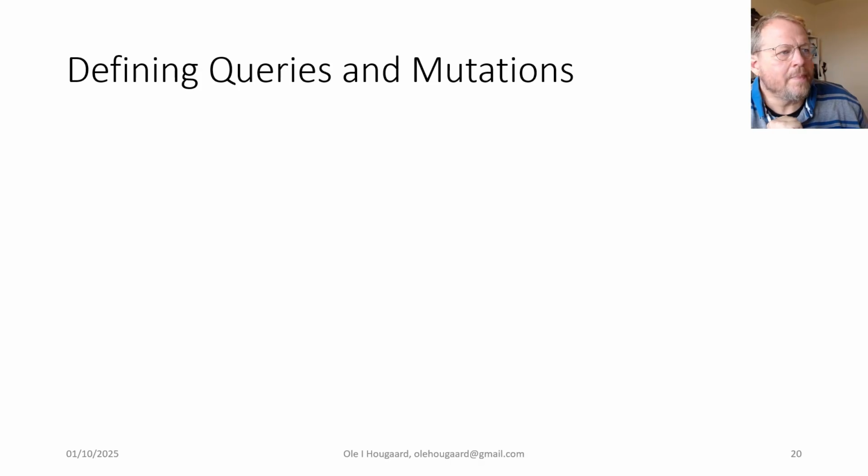So let's look at it. In order to do that, we separate between two kinds of methods. Ones are queries. They don't change anything, they just return values. And the others are mutations. They are supposed to change the underlying data, and also return some data.